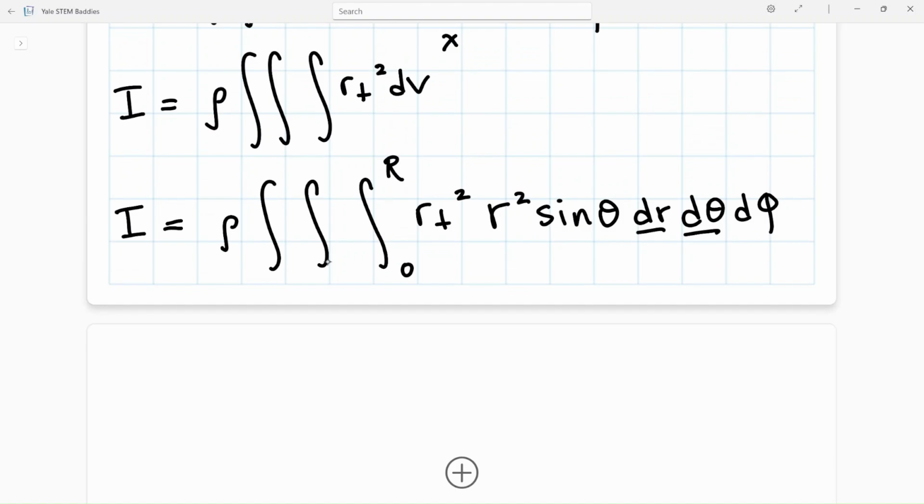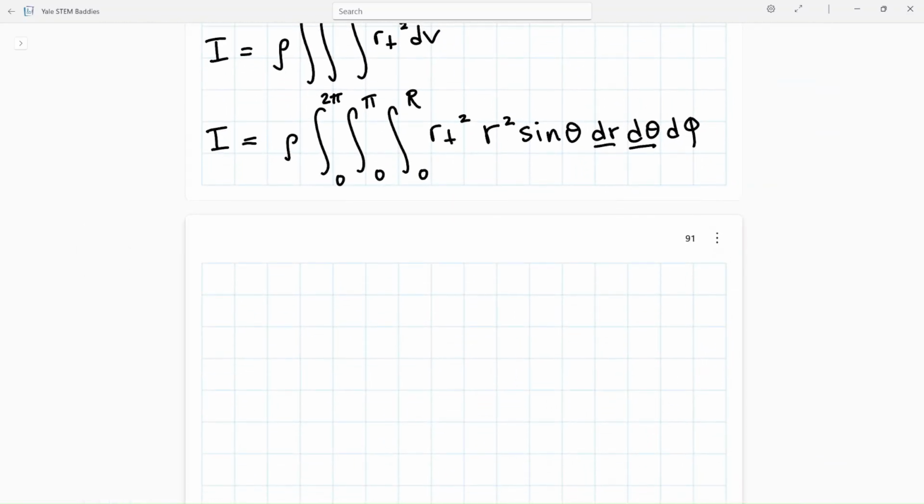So our theta variable goes between 0 and pi, and then our phi variable, this is where we want to go 2 pi in the azimuthal direction, so that the half meridian traces out a whole sphere or a whole globe.